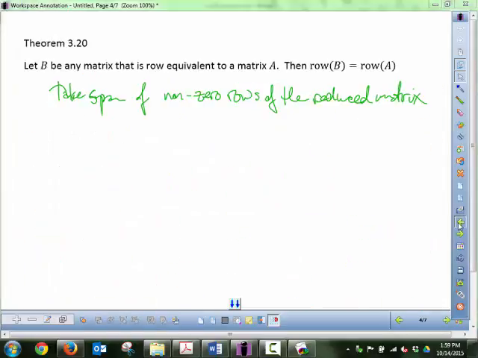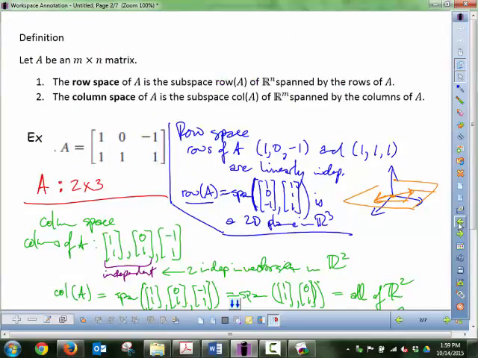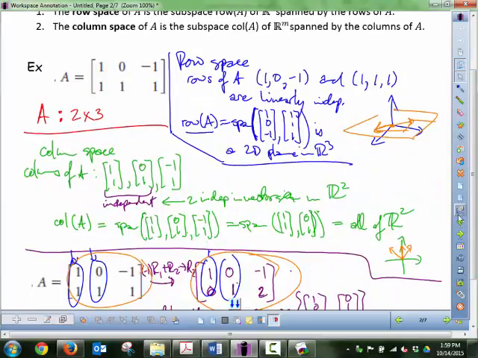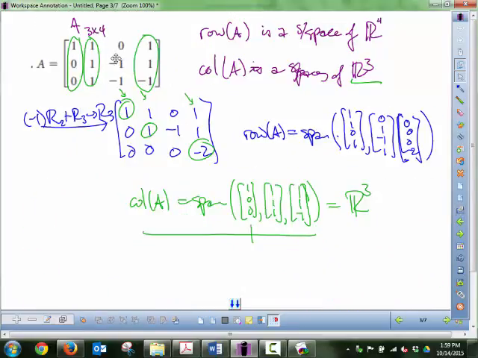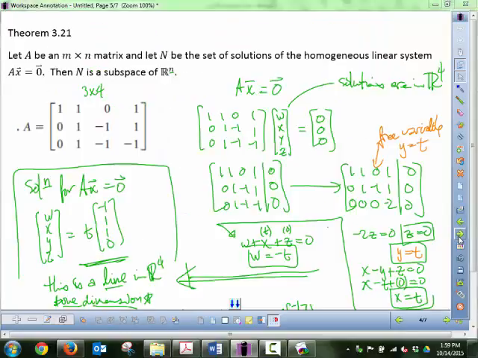Just to show you again, by row reducing this, we found a basis for the row space, 3-dimensional. We found a basis for the column space, 3-dimensional. And then when we took that and augmented it with 0, we found a basis for the null space.